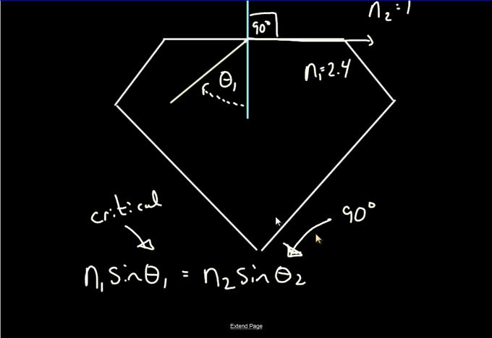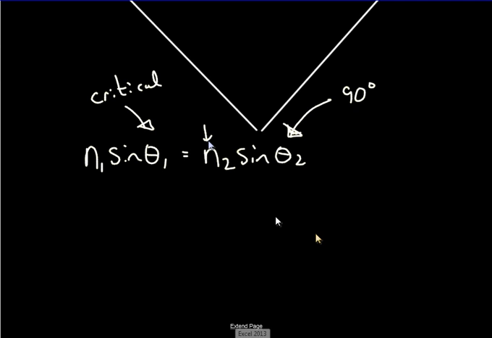What is our value for n2 in this case? 1. Okay, it's 1. So we get n1, which we know, sine theta. Now I'm going to change this to sine theta critical, because when this is set to 90, this becomes that special angle called the critical angle, equals, in the case of air, n2 is 1, times sine 90 degrees.